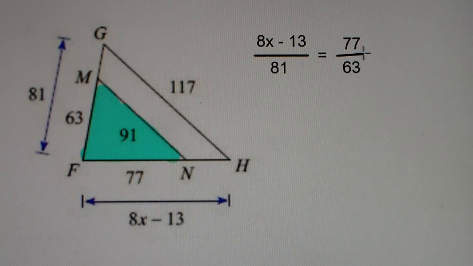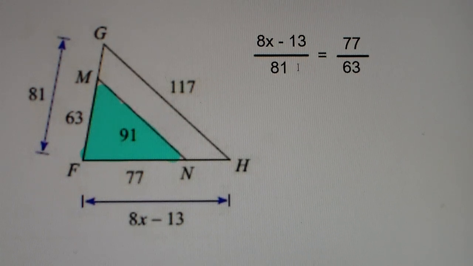And this is how we set up our proportion. So the bottom of the big triangle over the left side of the big triangle is equal to the bottom of the blue triangle or the green triangle over the left hand side of the small triangle.